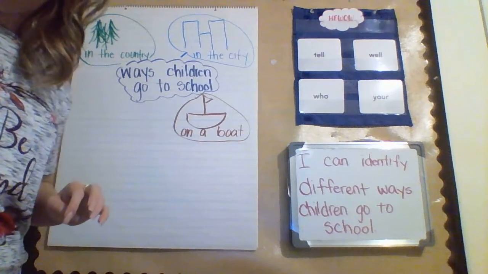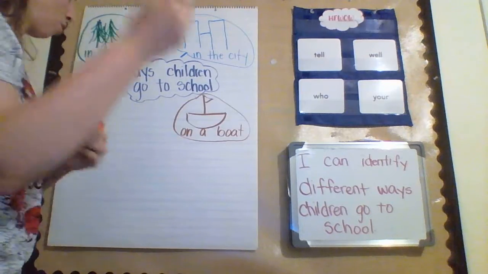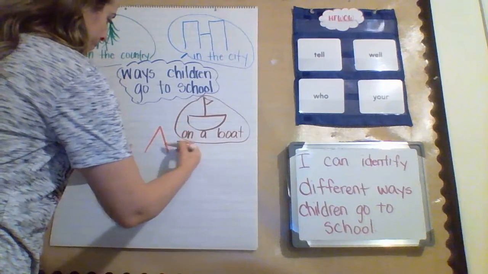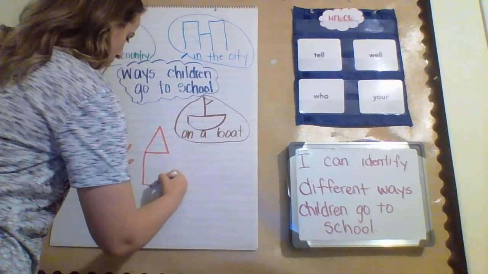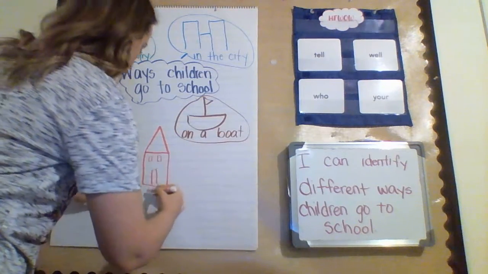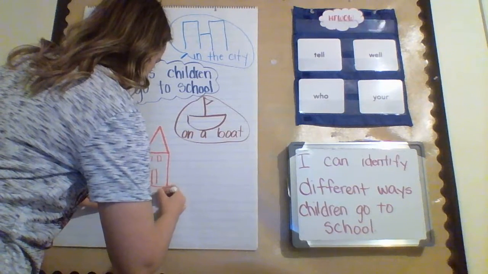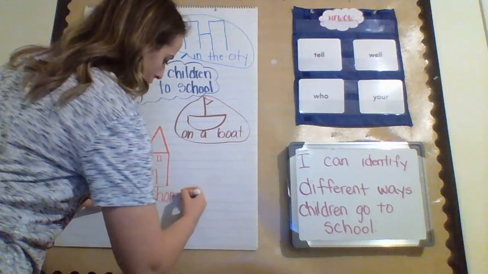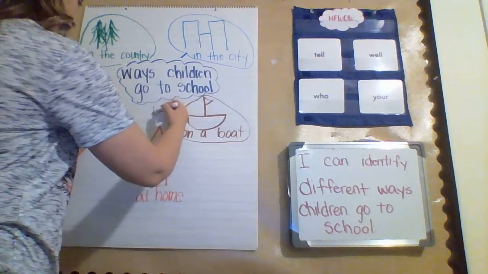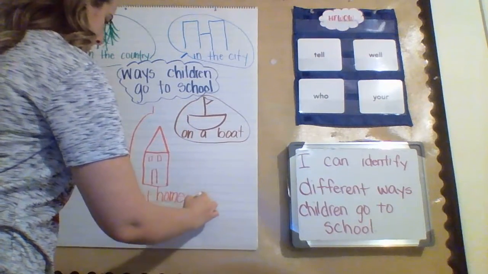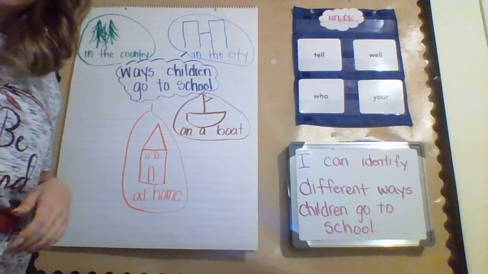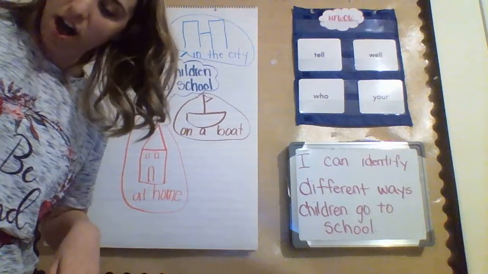Children also learn where? At home. So I'm going to draw my ish house at home. So Miss Sweetie's at home. Home. Silent E. We'll do one more. What's the last one that we're doing? On the internet.